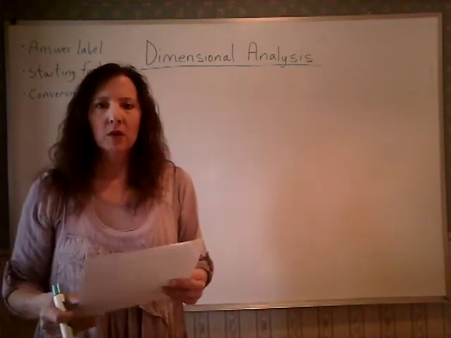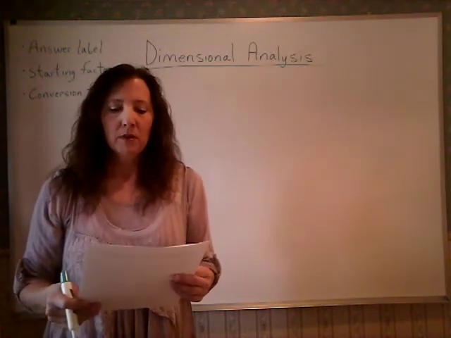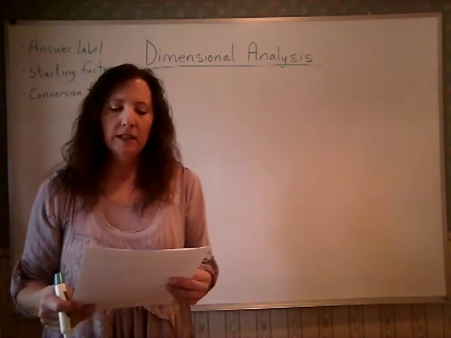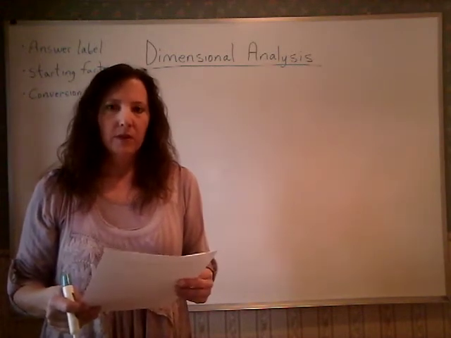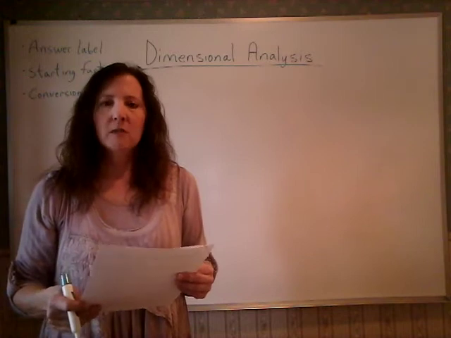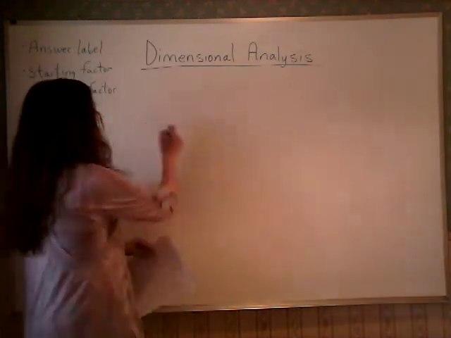Let's look at the second problem. Each table at a banquet hall seats 8 people. How many tables will be needed to seat 400 people? We start with the question. How many tables? Again, that forms our answer label.